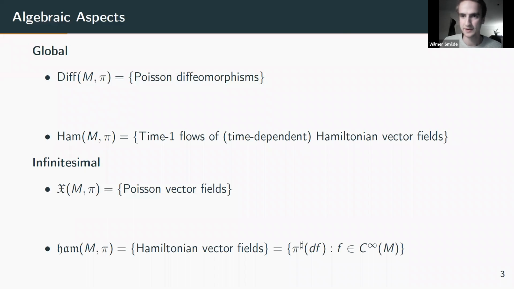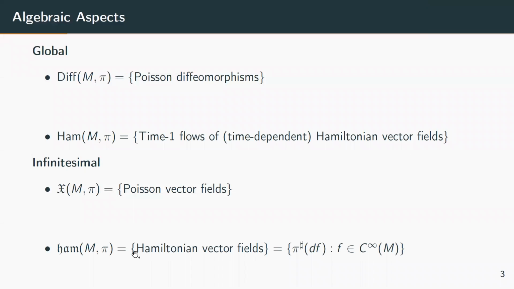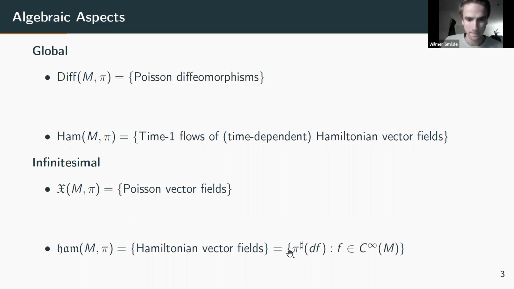For example, there are the Hamiltonian ones, which are defined to be time one flows of time-dependent Hamiltonian vector fields. And what are the Hamiltonian vector fields? Those are exactly the vector fields generated by functions. This is the Hamiltonian function, and then you obtain a vector field from the Poisson structure in this way.